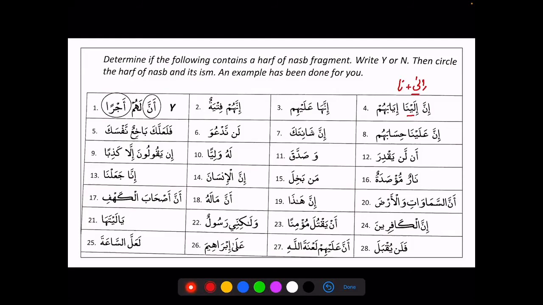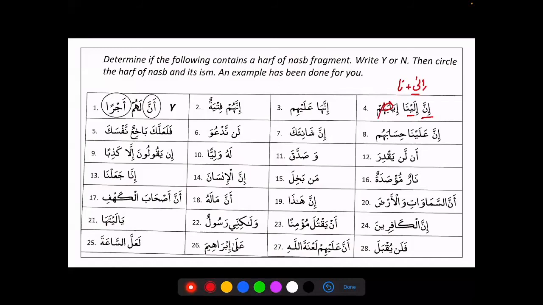This is a harfu jar fragment in between inna and now iyaba. What do you think about iyaba? Is that nasab in status? Yes, so that is the victim of inna. This iyaba, we're just going to ignore the hum over here because it is an attached pronoun.